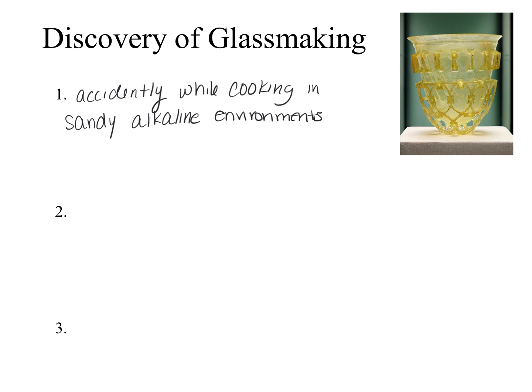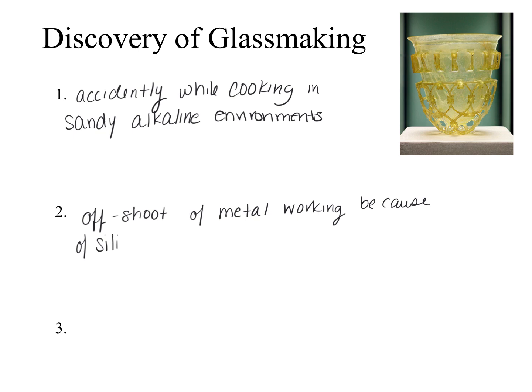The second is it could have been an offshoot of metalworking because silicate impurities are in metal ores. So it could have been discovered when people were working with metals, because metals often have silicate impurities.